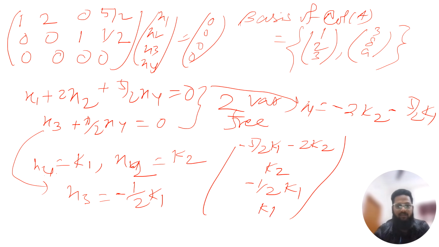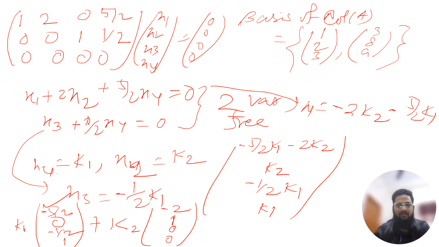Now you just separate k1 and k2. For k1 you will get minus 5 by 2, 0, minus 1 by 2 and 1. This is k1 plus k2 into minus 2, 1, 0, 0. So these two vectors are the basis of null space.